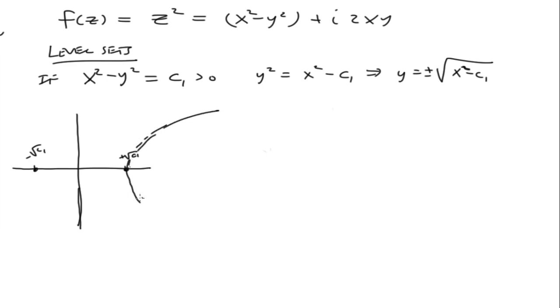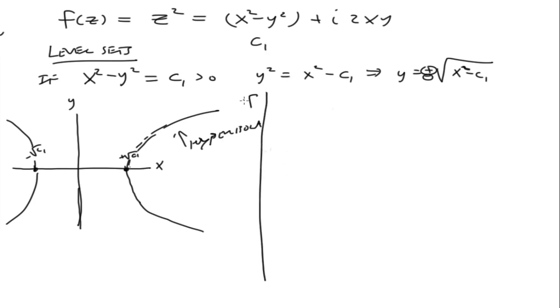And also there's a negative branch to it because we have a positive and a negative. And then we have another one going off that way. So this is a hyperbola. All right, so any hyperbola in the complex xy plane gets mapped to a constant line.